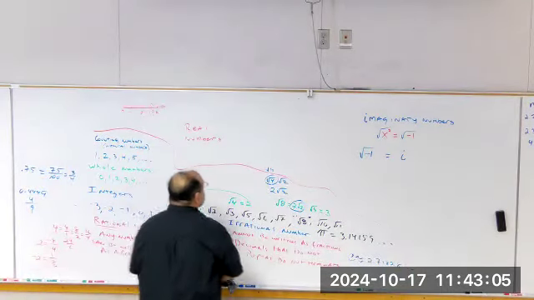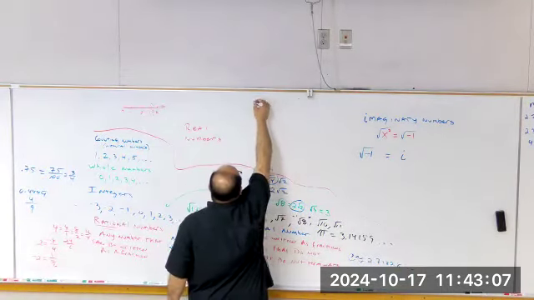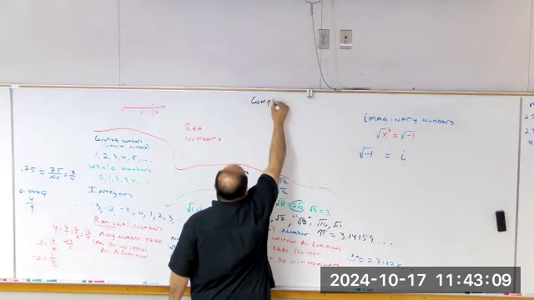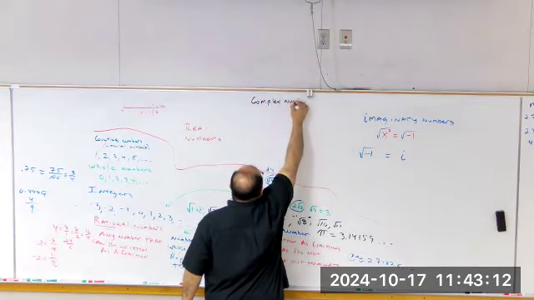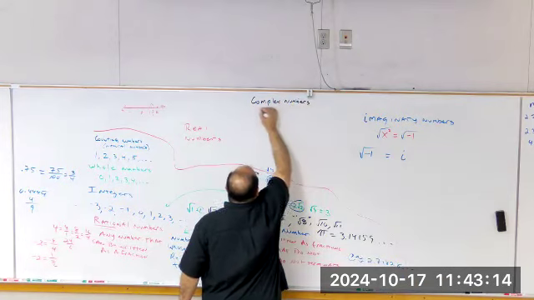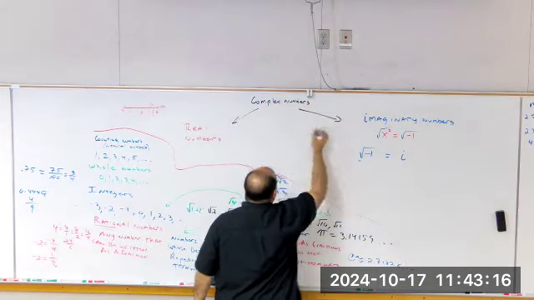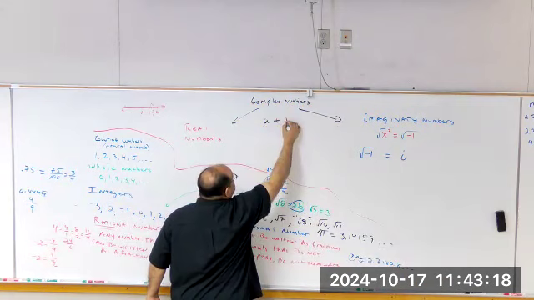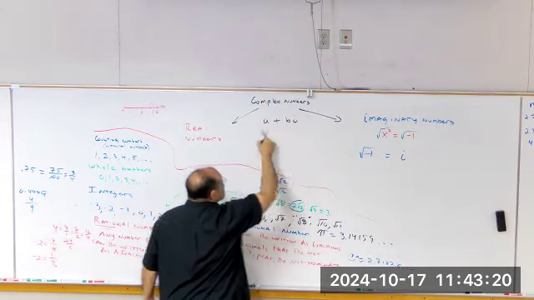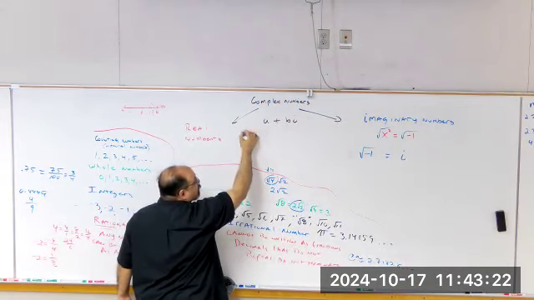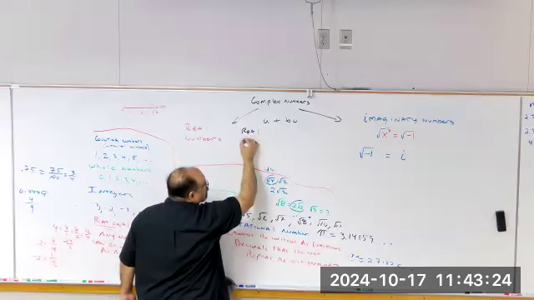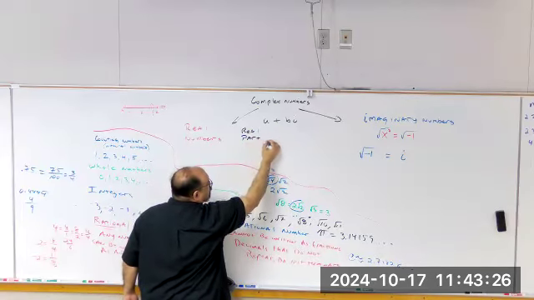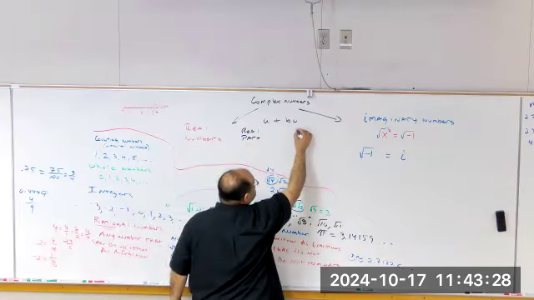This is the set of everything. It's the complex numbers. It has a real part. That's the a. And it has an imaginary part.